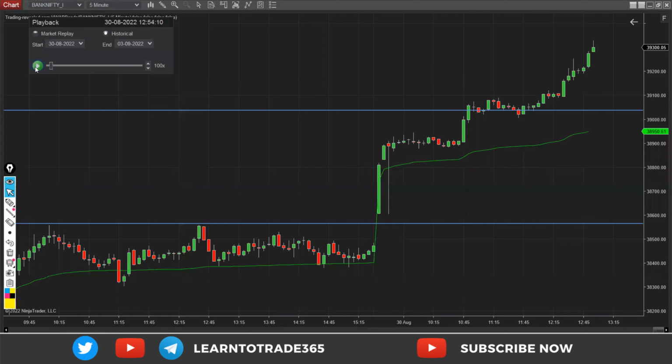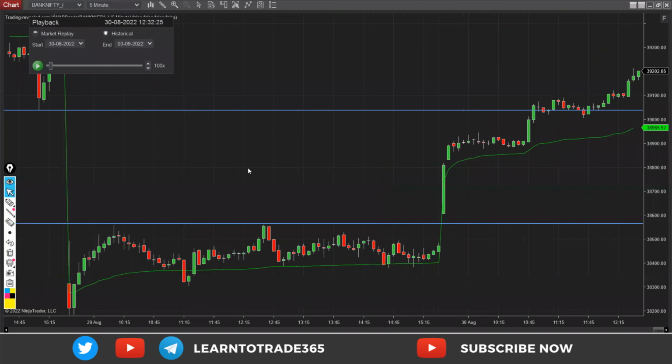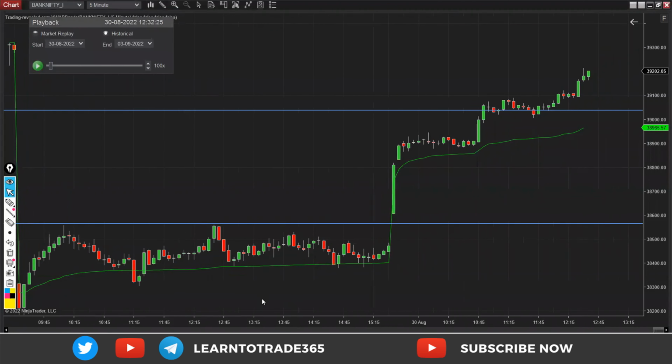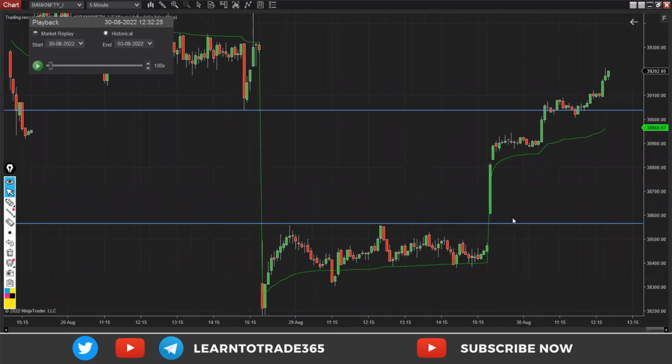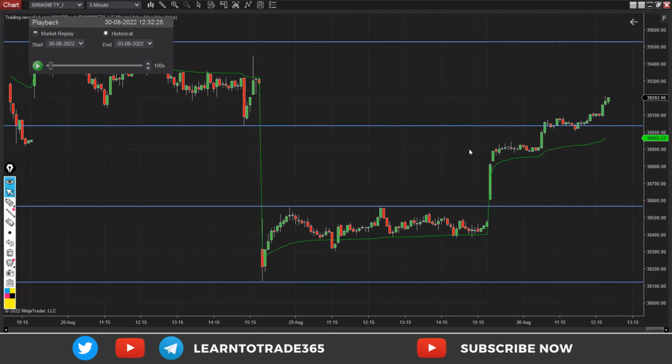Here, let me pause this. Pause the screen here. Let me go back slightly. Yes, till this point. Here, I have again zoomed out the chart. Now, what's happening here? Price is getting a small rejection.